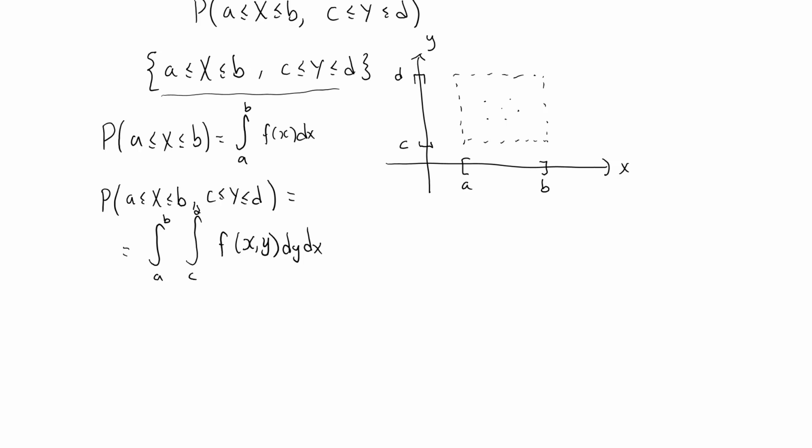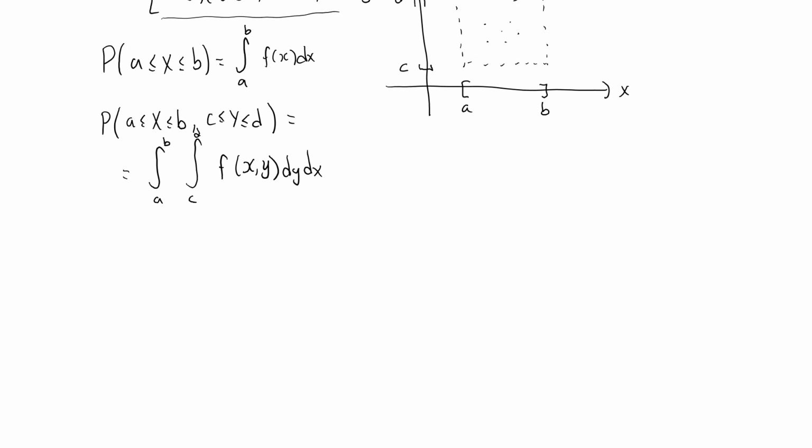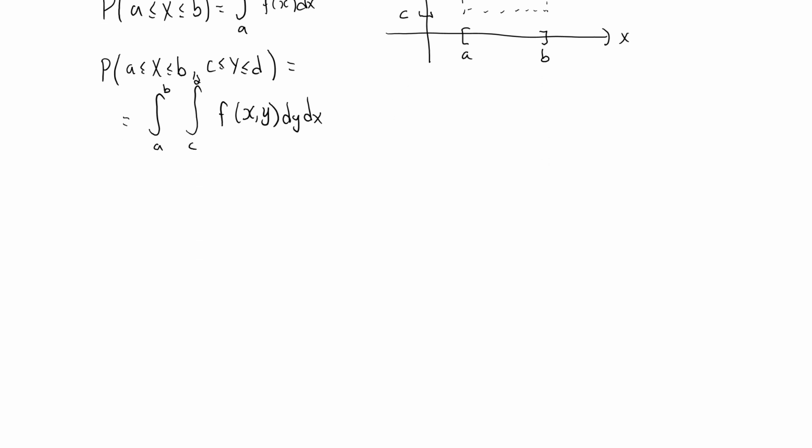However, rectangles are not the only possible shape in R2, so we can do something like this instead. We can define an arbitrary event by just drawing an arbitrary area in the Cartesian coordinate system. This doesn't have to be a rectangle.